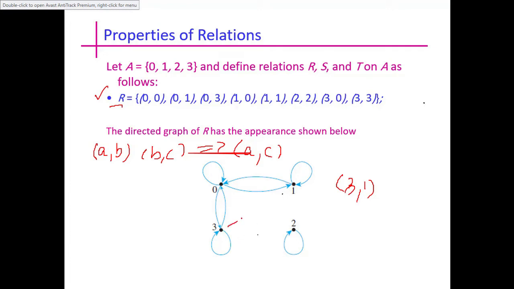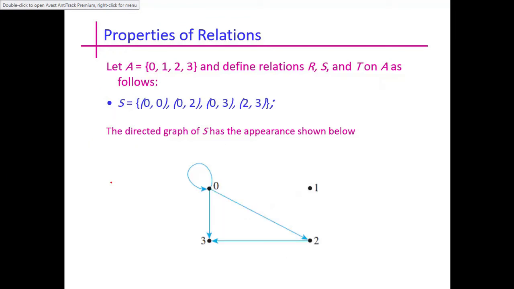But we can see there is no arrow showing that 3 is related to 1. This implies that we don't have such an element (3,1) in this relation, and hence this relation is not transitive.